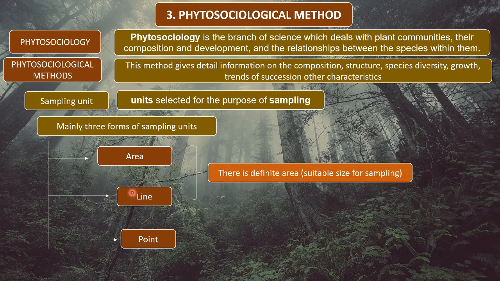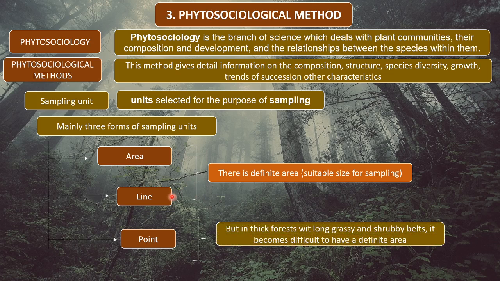So area and line, we know, has a definite area, right? So this is for suitable size of sampling. Now this has a size, right? So where will we take area and line? In places where we can consider size of the area, in such area we will take area and line as the sampling unit. But when we go into very thick forest, which have very long grassy and shrubby belts, it becomes actually difficult to have a definite area.